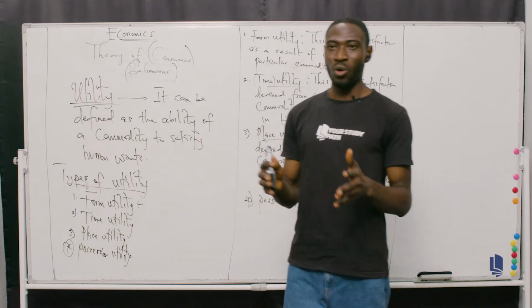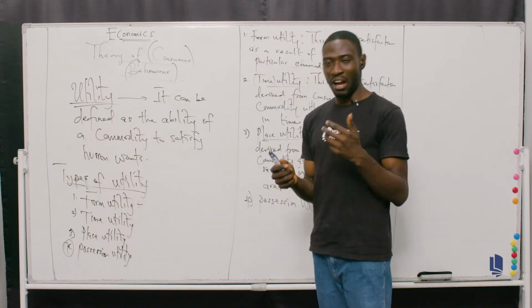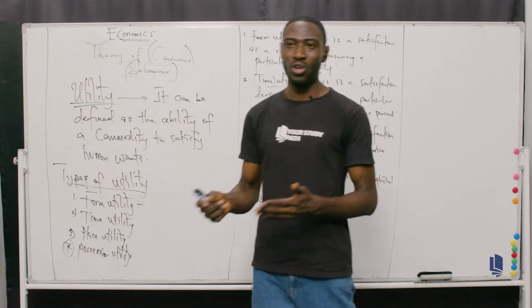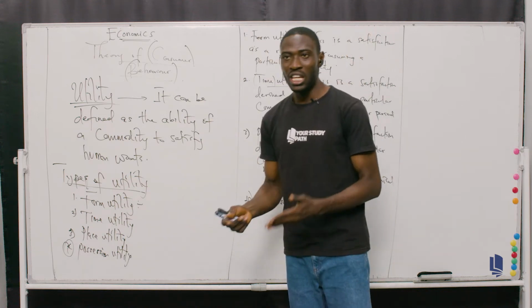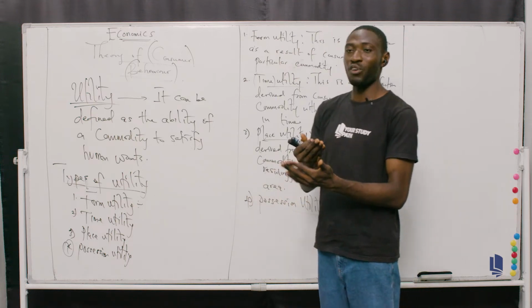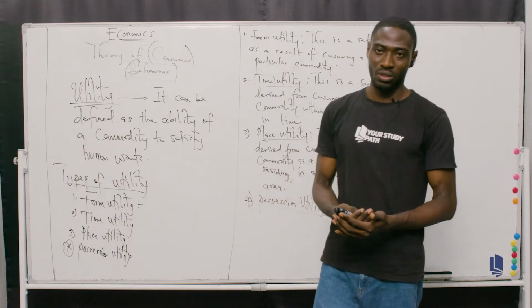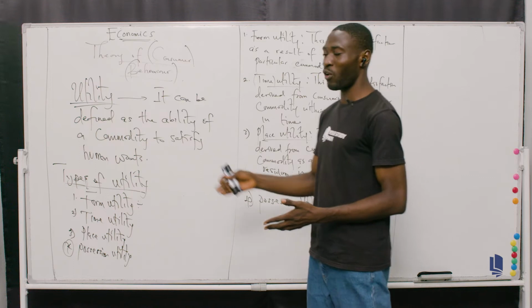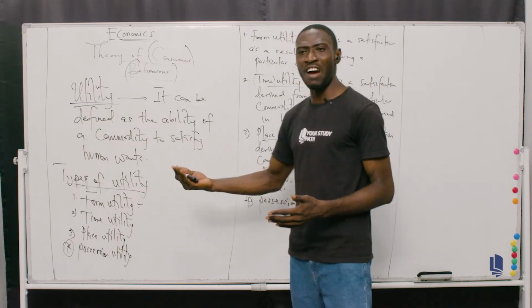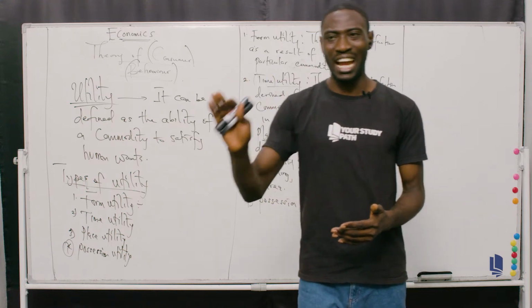Most of the time, you can borrow your friend's biro or borrow your friend's phone. Immediately the phone is in your hand, that means the phone is in your possession. So most of the time, for us to satisfy the conditions of utility, we must have possession of that item.